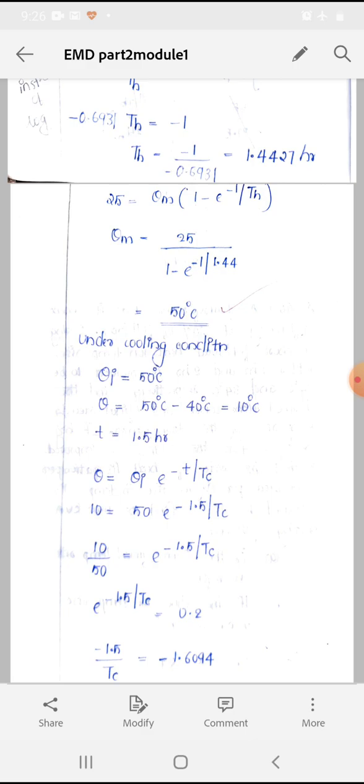Okay, and theta i we know as the initial conditions. It is the initial temperature rise over the ambient medium, that is the theta i in the cooling condition.